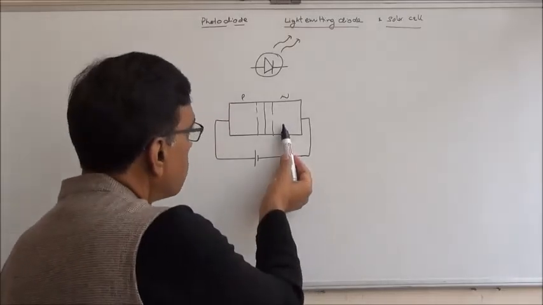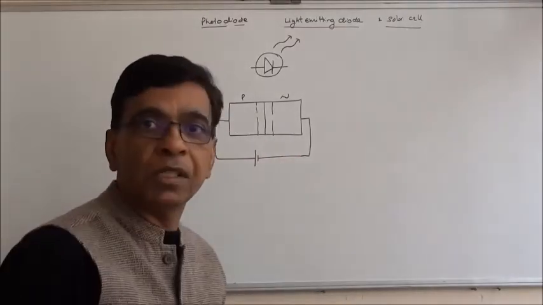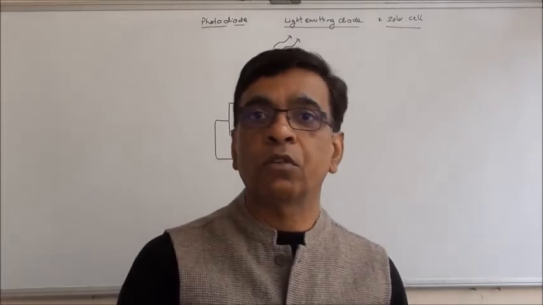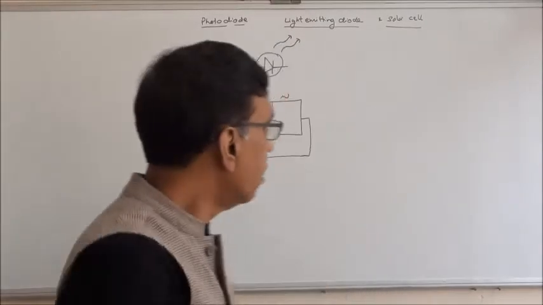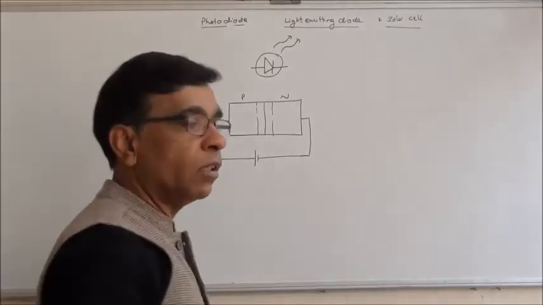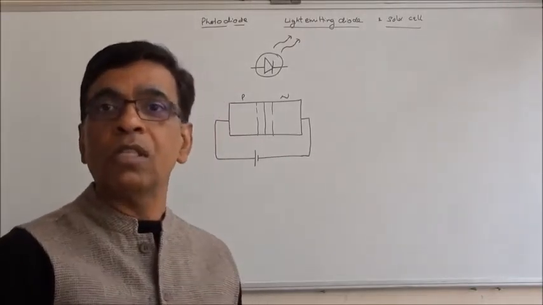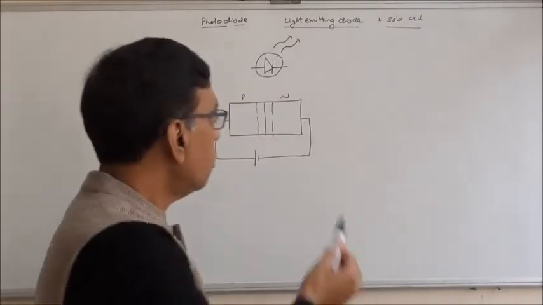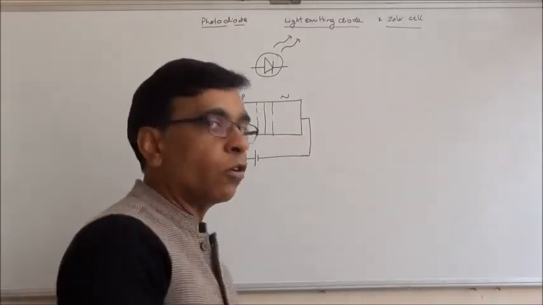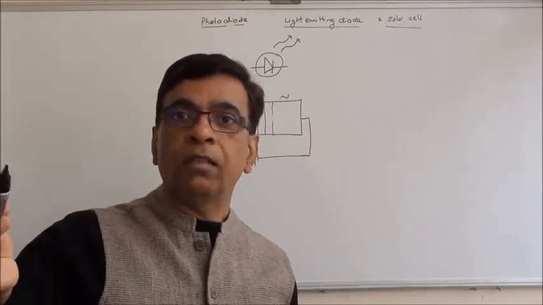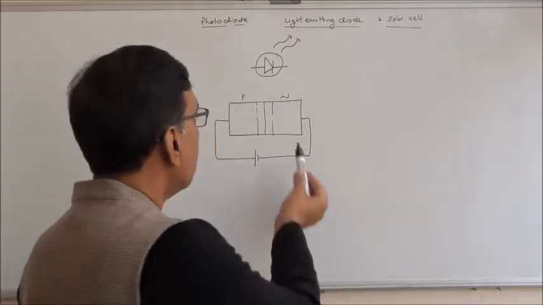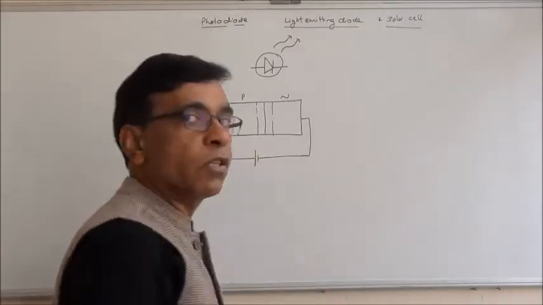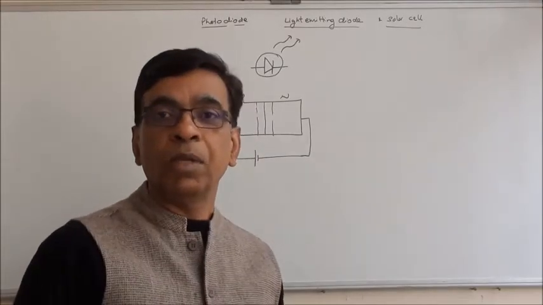Now when the electrons are moving from N side to P side, on N side the electrons are majority carriers and they are in the conduction band. But when they combine with the holes in the P region, holes are in valence band. So it means the electrons on N side in conduction band have more energy than the holes which are present in the P side.